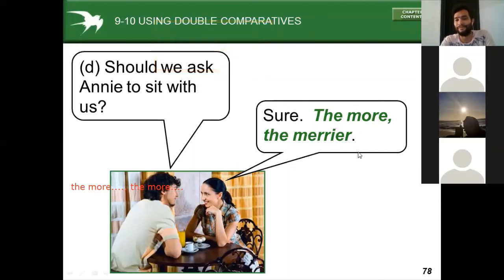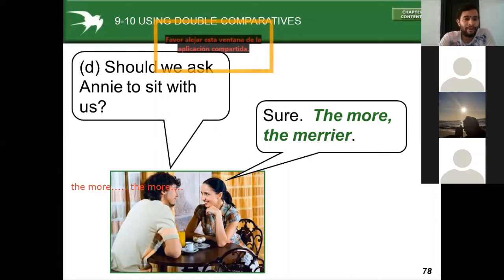Teacher, pero ¿por qué no puedo decir "the more, the better"? Sí se puede, pero no es la expresión, no es como ellos lo usan en inglés. Esa expresión, entre más mejor, all right, ellos no dicen "the more the better", sino "the more the merrier". All right. Entonces, apréndansela como una expresión, right? Y esto es lo que significa, entre más, mejor.